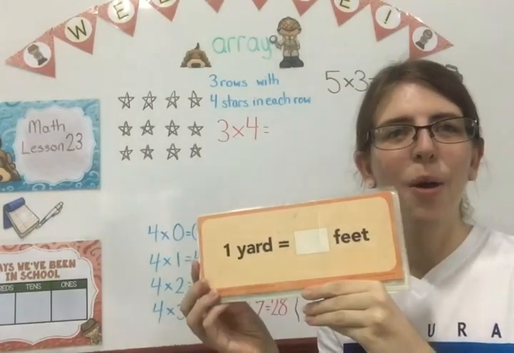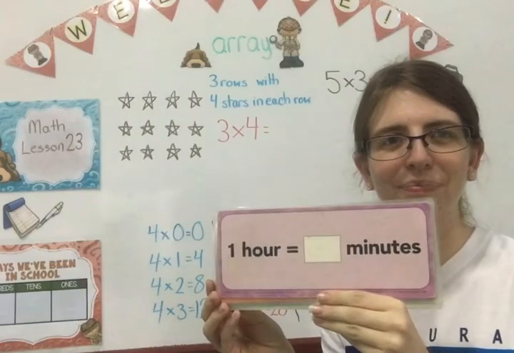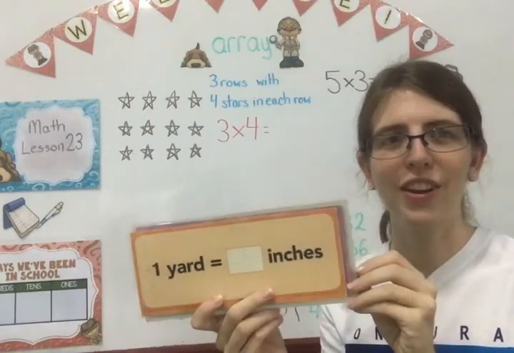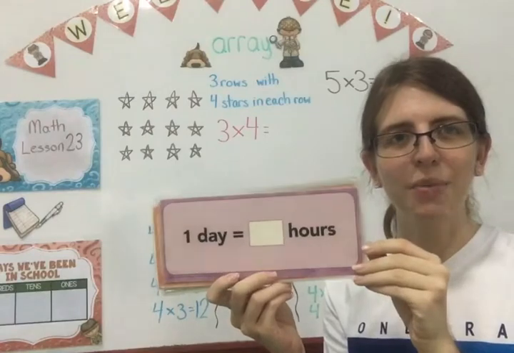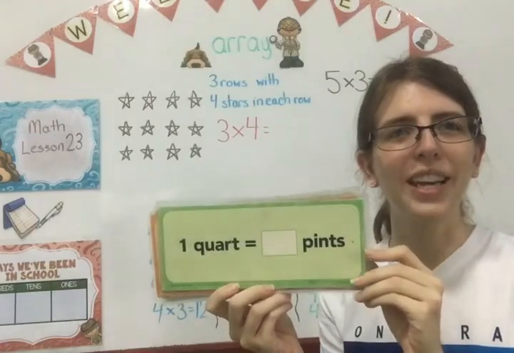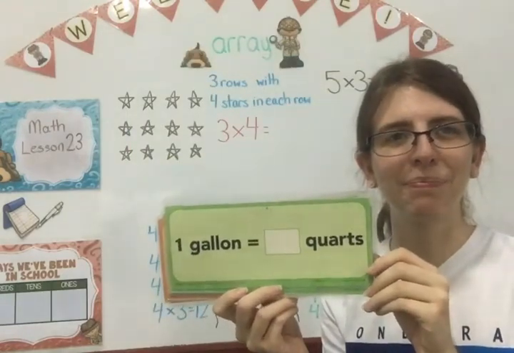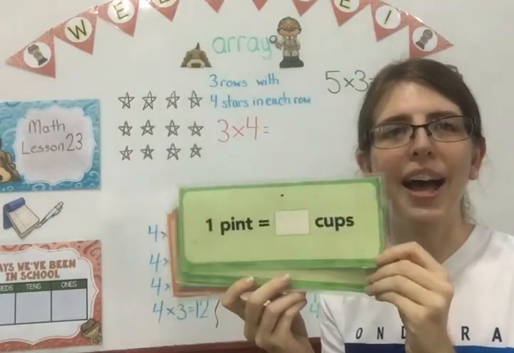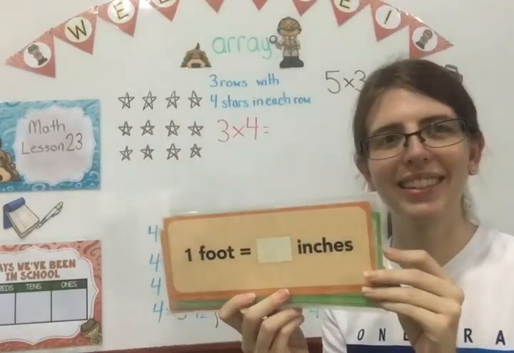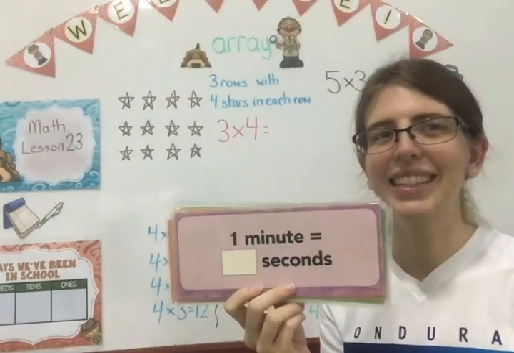Here we are. 1 yard equals 3 feet. 1 hour equals 60 minutes. 1 yard equals 36 inches. 1 day equals 24 hours. 1 quart equals 2 pints. 1 gallon equals 4 quarts. 1 pint equals 2 cups. 1 foot equals 12 inches. 1 minute equals 60 seconds.